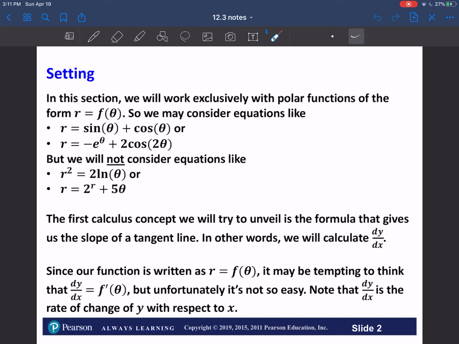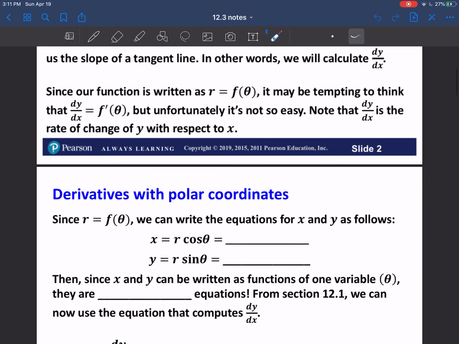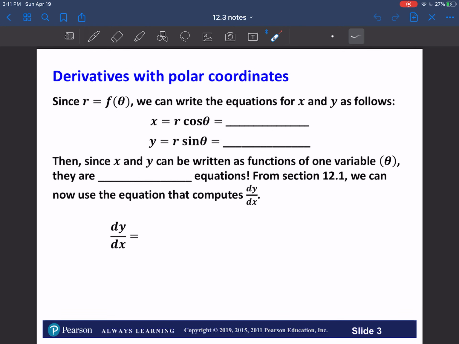That is not correct. Remember that dy by dx is the rate of change of y with respect to x. So in other words, it is the slope of your tangent line. It is not just the derivative of this function. Alright, so with that in mind, let's explore this a little bit more.